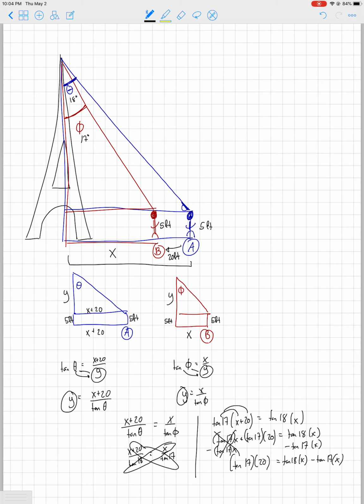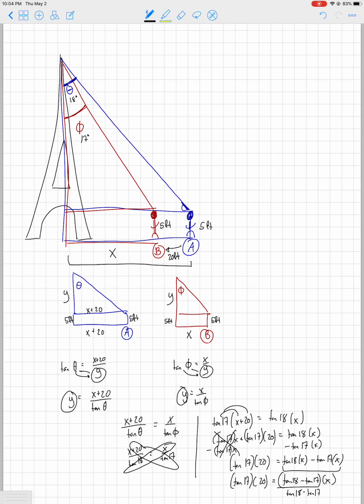I left my calculator at school, and my phone's in a different room, so I can't actually do this now. So now we can combine these two terms and get tangent of 17 times 20 equals tangent of 18 minus tangent of 17, times x, and then we divide that on both sides.